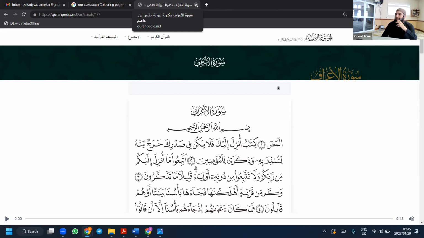On the 8th one, it has an extra ta after the first root letter. 5 and 6 have a ta before the first root letter, right? 8 is a ta after the first root letter. Ifta'ala or yafta'ilu.